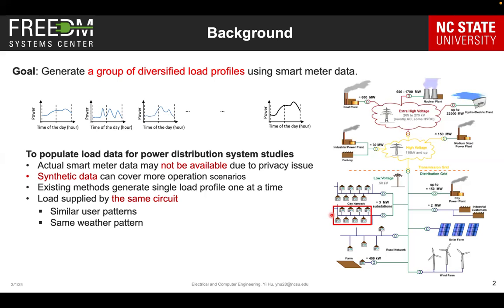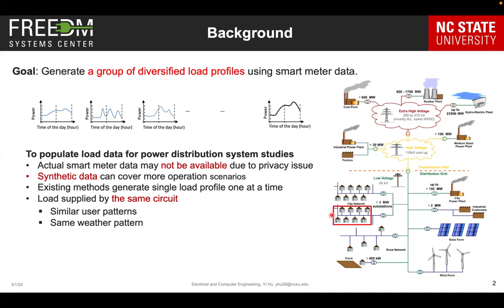since they are close to each other, they may have similar demographic characteristics. For example, their income level or living pattern, that kind of thing, might be close to each other. This shows they have similar usage patterns. So based on those reasons, we see the loads supplied by the same transformer may have some high-level or group-level characteristics.